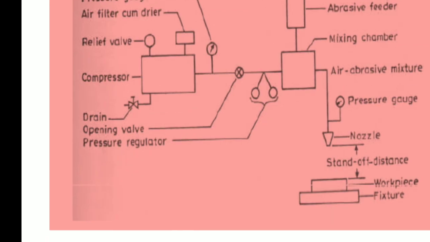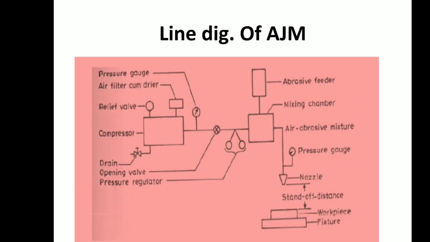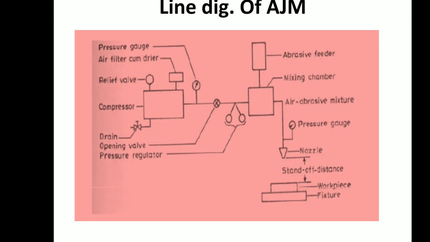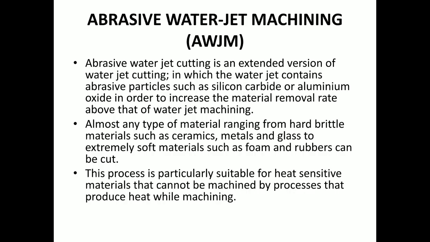Now coming to the next slide. Abrasive water jet machining. We have finished abrasive jet machining, and before that we finished water jet machining. Using only water to cut the material will of course take more time and will not be efficient.